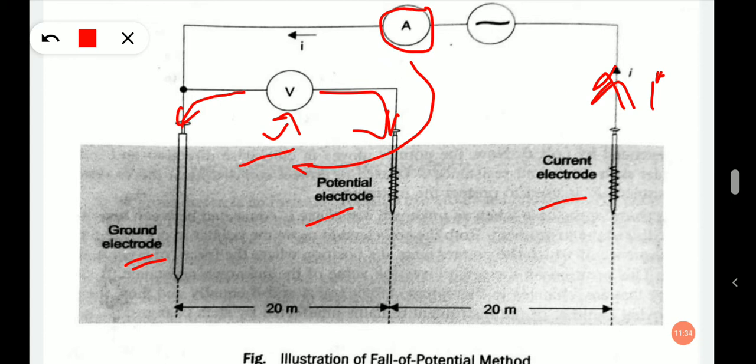The potential electrode apparently carries no current but a small current to operate the voltmeter. The potential electrode can be moved towards either electrode to some extent without causing any distortion to the measured resistance.